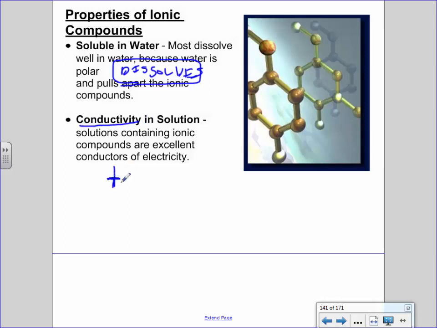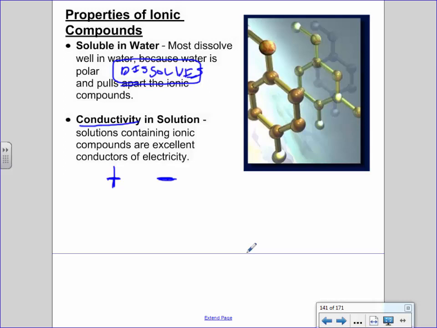Because these things have positives and negatives, they can conduct electricity. But covalent compounds are only negatively charged things, and there's no positive to be like the yin to the yang. You need to have both positive and negative to dissolve and to conduct electricity.